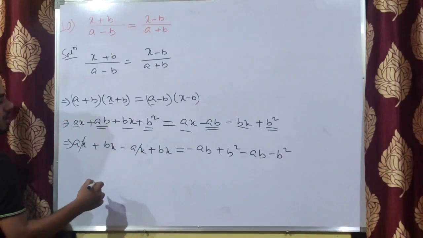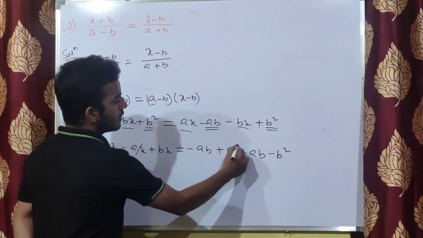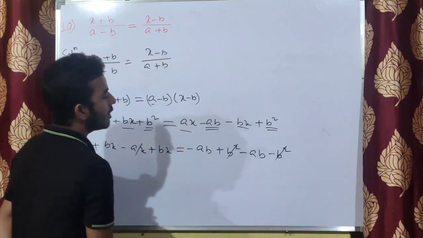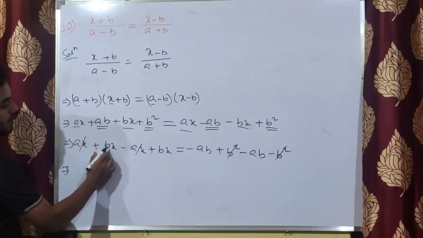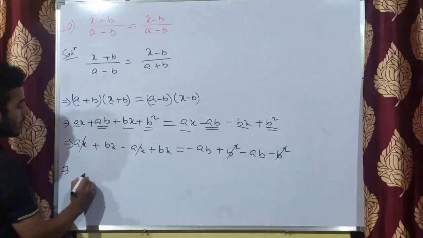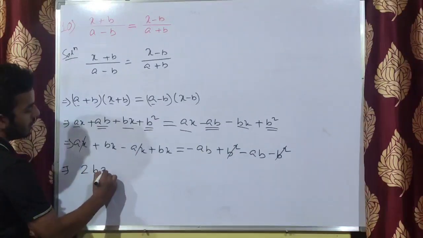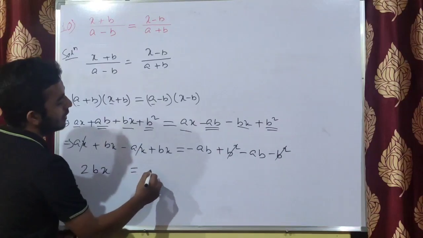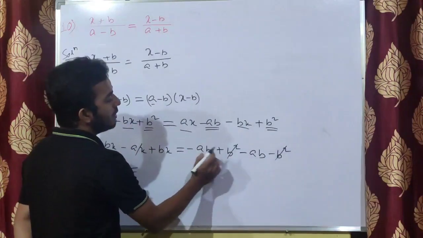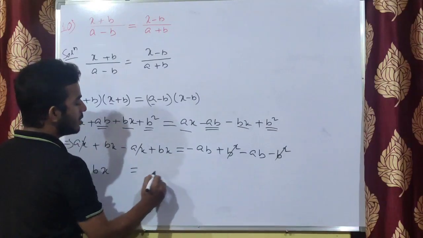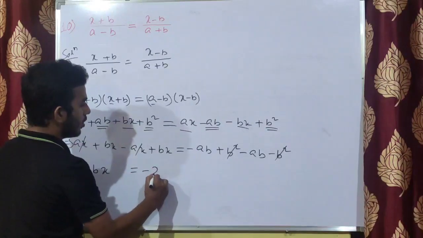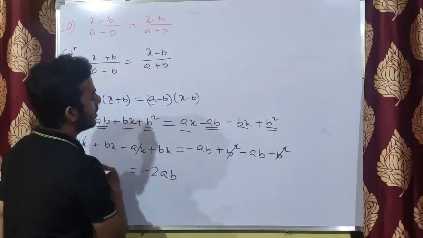Then plus b square minus b square will also get cancelled. Now what is left: bx plus bx will be 2bx, then equal sign, then minus ab, minus minus is plus, so minus ab minus ab will be minus 2ab.